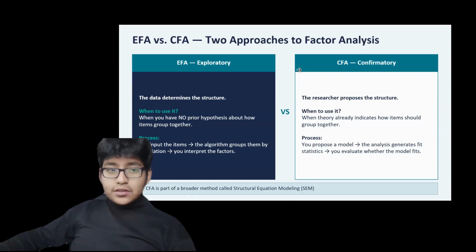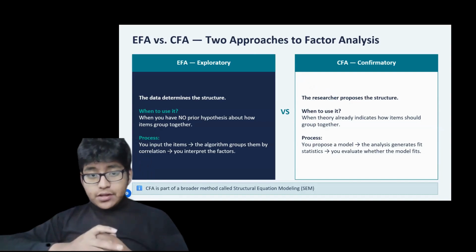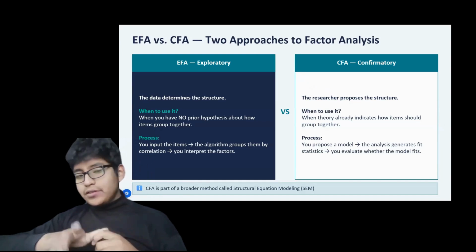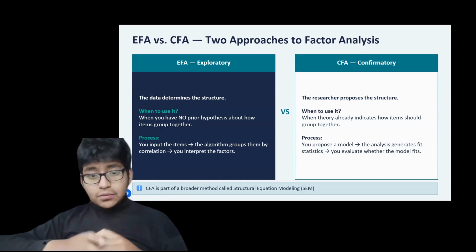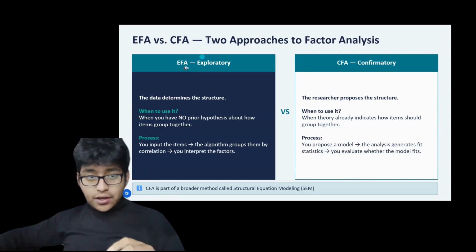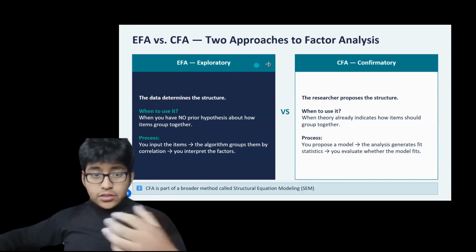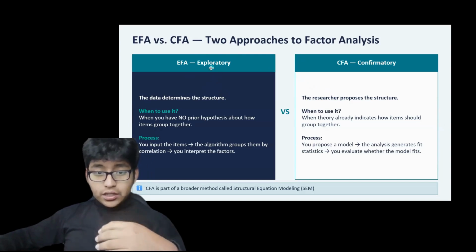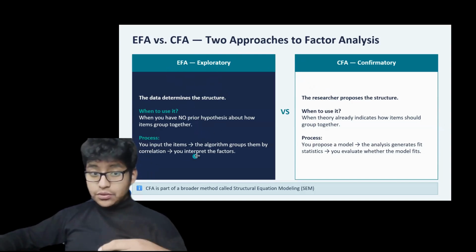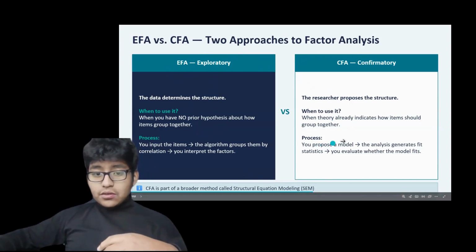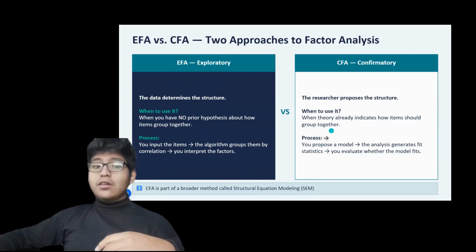EFA and CFA. Now let's see the difference between EFA and CFA. EFA explores the data. Here the data creates the groups. CFA means confirmatory factor analysis.